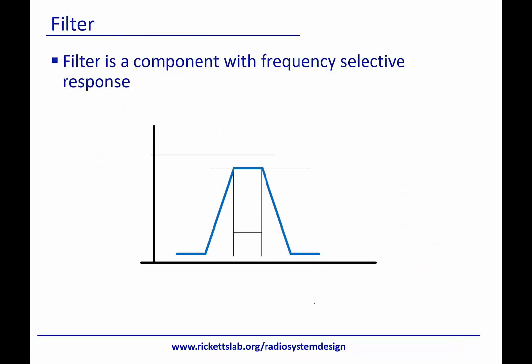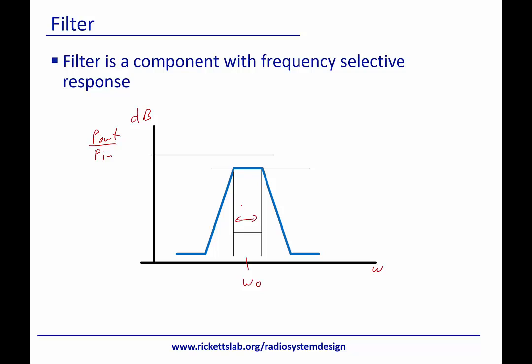All right, the final thing I just want to talk about is a filter. Typically, we're going to measure this in terms of omega or f, and if we're doing this in terms of dB, we're talking about the P out over P in. And a couple things I want to point out. We have our center frequency, omega naught.